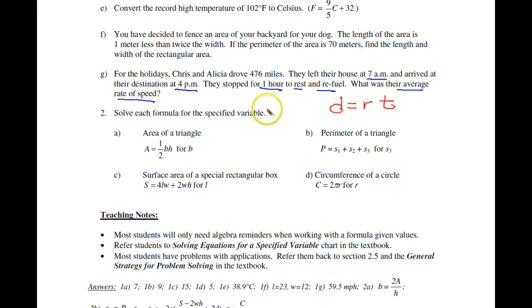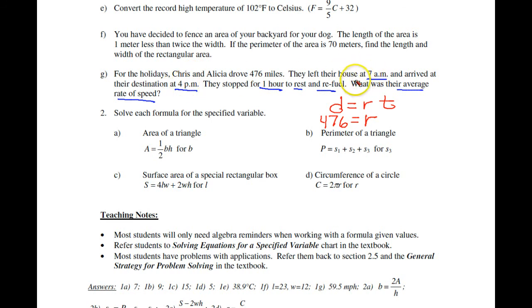Now you can start filling in. What was the distance? Well, the distance was 476. What was the rate? That's what we don't know. But what was the time? So if they didn't stop, they would have arrived at 3 p.m. So how many hours?